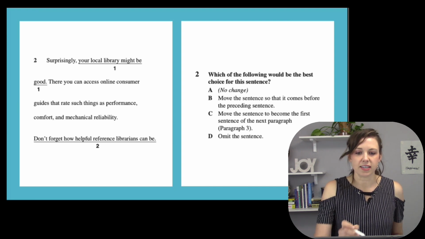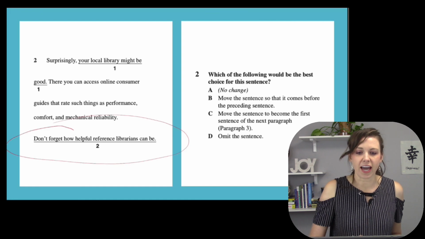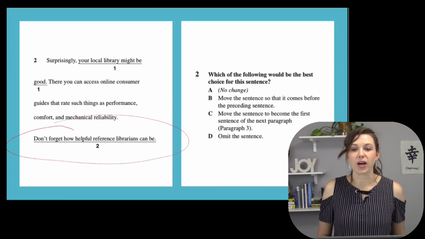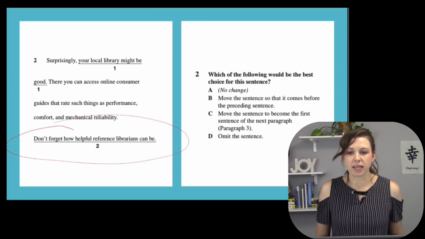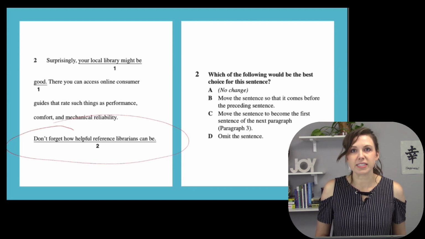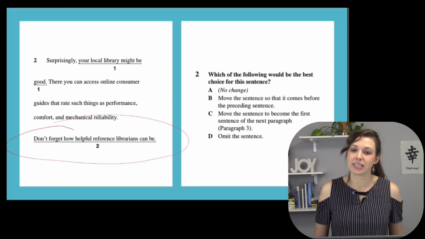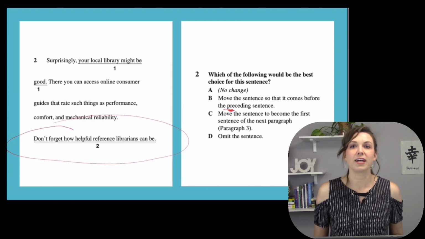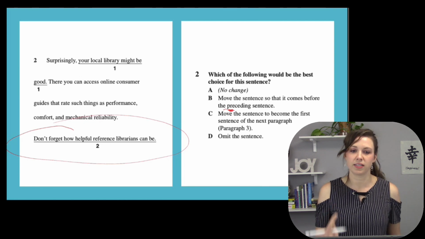The sentence right here: don't forget how helpful reference librarians can be. A is no change. B is move the sentence so that it comes before the preceding sentence. If you don't remember what preceding means, just see how it says pre. Pre means before, so the sentence right before.